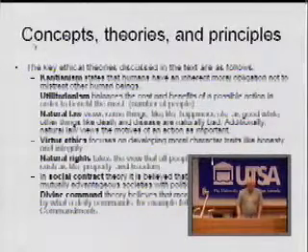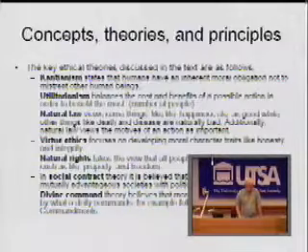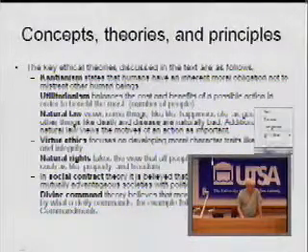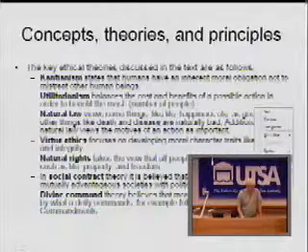In this portion of the chapter, we're talking about concepts, theories, and principles. This is just a quick list. We'll look at each of them in a bit more detail as we go through.